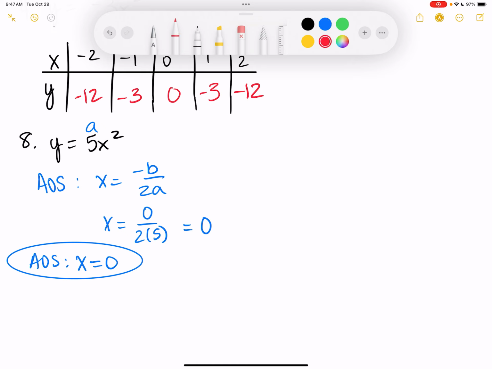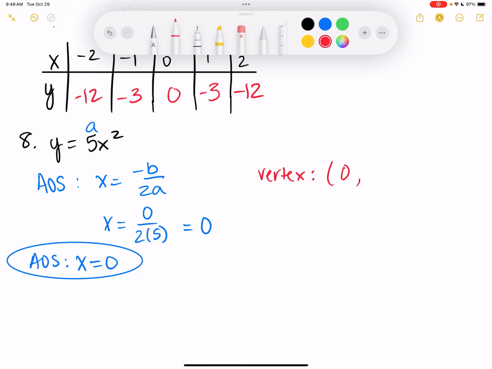I also need to find the vertex, which the good news is the vertex is always on the axis of symmetry. So I already know the x value of my vertex is going to be 0. I just need to find the y value. Anyone have any idea how I might find the y value since I know the x value? Absolutely, substitution. Plug in 0 for x.